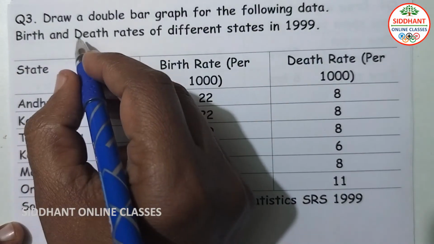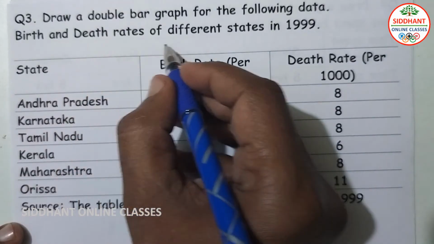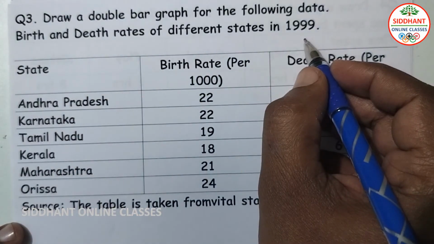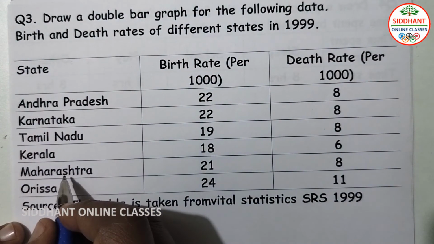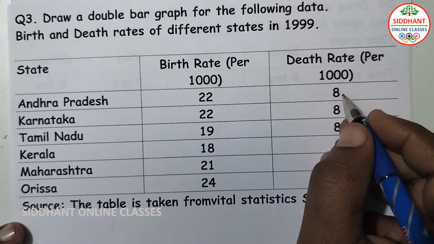Question number 3. Draw a double bar graph for the following data. Birth and death rates of different states in 1999. So the data given here: states, and birth and death rates are given here.